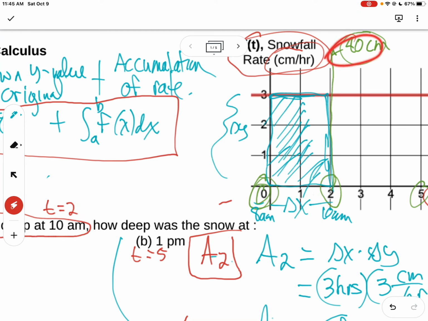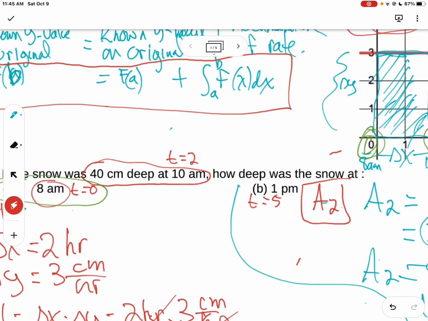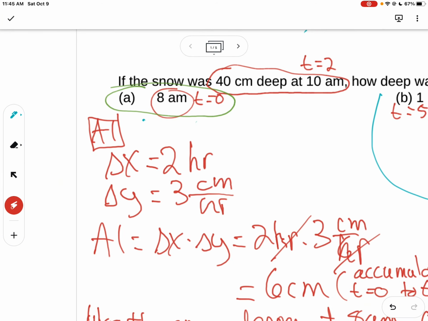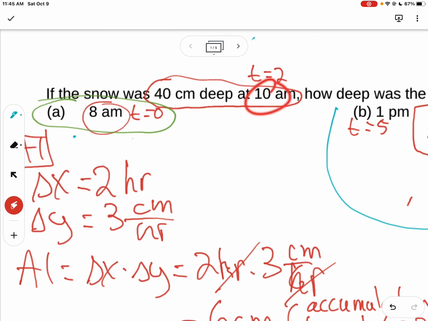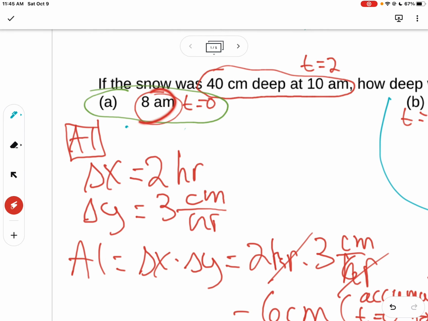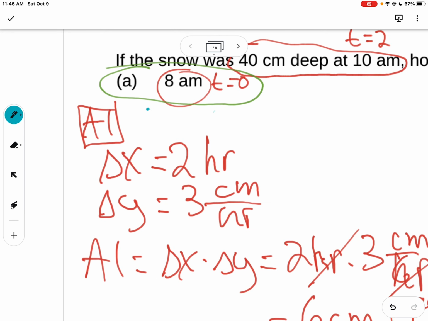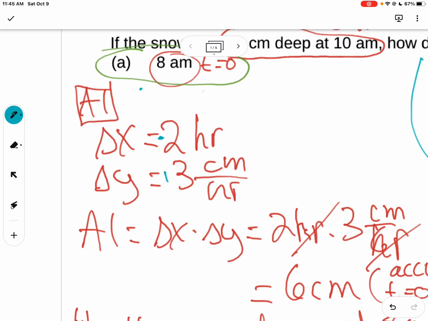Because I know I'm at 40 centimeters at 2. Everything's relative to this 2-hour mark, because that's where I know I've got 40 centimeters. So delta x, I'm going from 10 a.m. to 8 a.m. So is delta x positive or negative? And we know it's 2 hours. It's actually negative because I'm going backwards in time from 10 to 8. Delta y is positive.